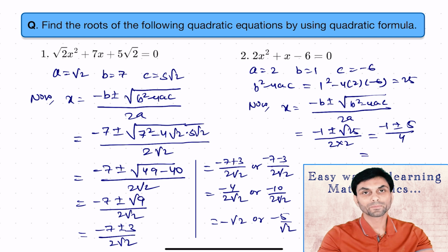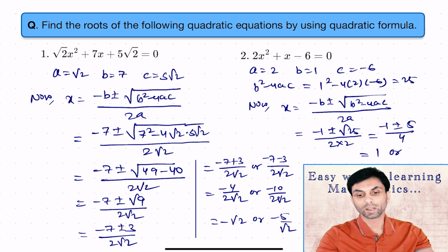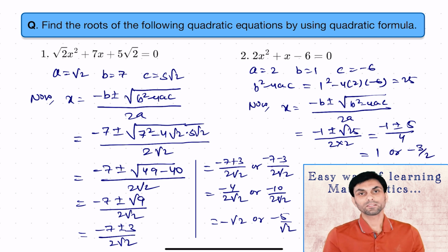On solving, we'll get the value of it as minus 1 plus 5, that will be 4 upon 4, that will be 1, or we'll get minus 6 upon 4, which will be minus 3 by 2. So this is how we can find out the solution of quadratic equation by using quadratic formula.